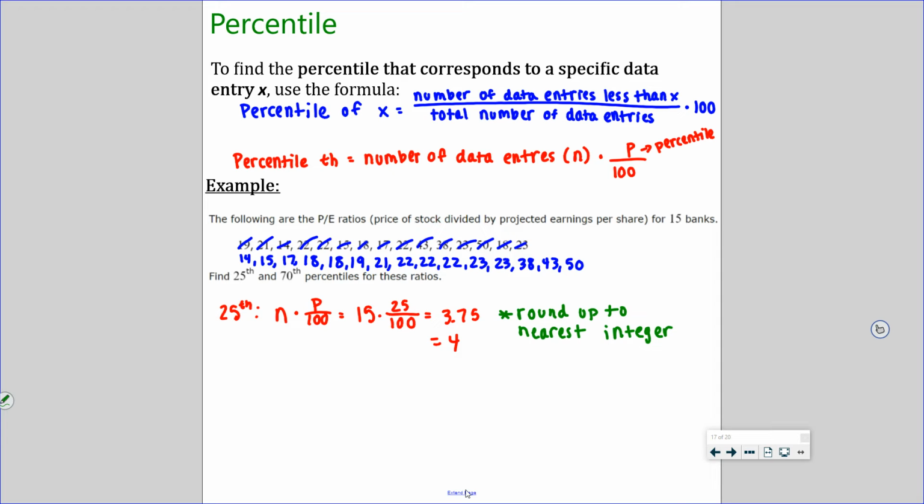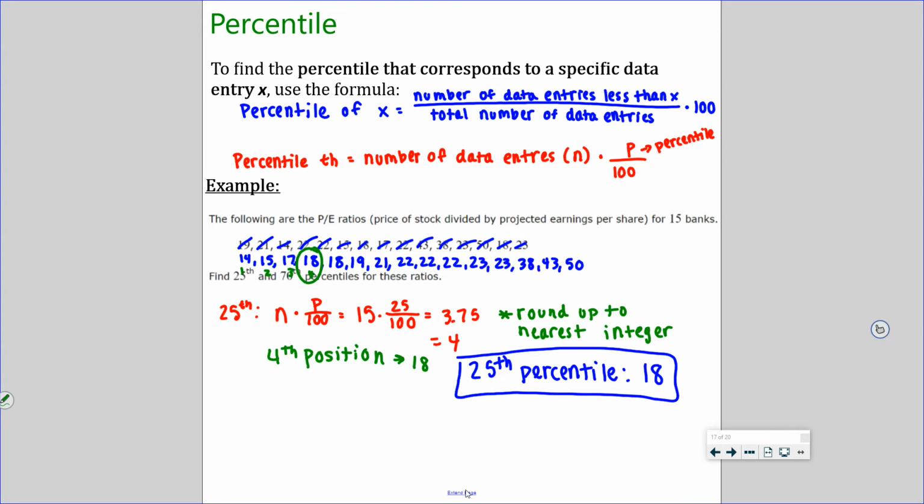Looking at my list here, 1, 2, 3, 4, 18 is in our 4th position. So to answer their question, our 25th percentile is 18.